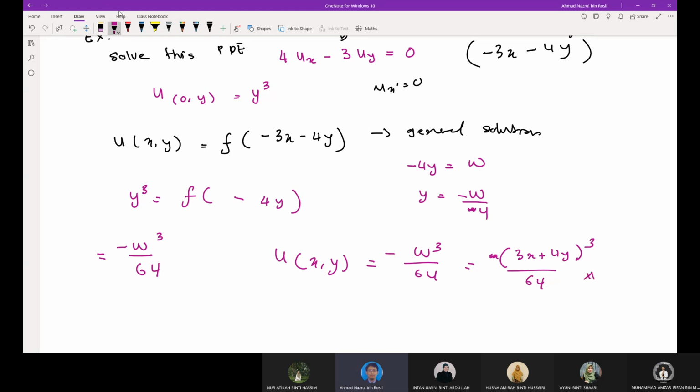So this will be the value. Which is w tadi adalah inilah equation ni sebenarnya. Power of 3 ada minus, so dia akan jadi positif. To prove this, kita boleh patah balik je. Put x equal to 0, you can get this value y power of 3. Kalau you patah balik, you should get the value yang sama lah.